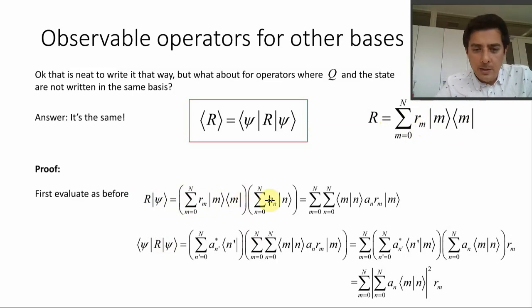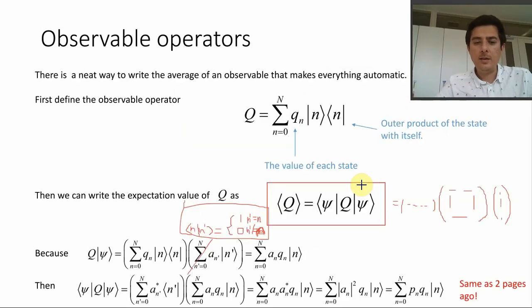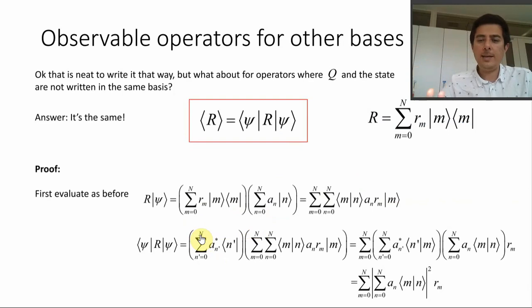The big difference here is that these states, written with m, are not in the same basis, so I can't use that simplification I did before, where if n and n prime are the same, it's just 1 or 0. I can't use that trick in this case.